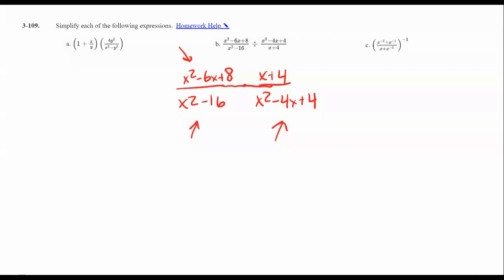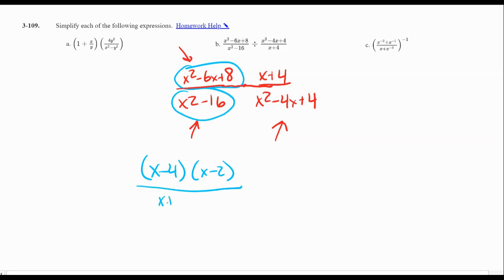This first part here, if you were to use the diamond in the box, you'd get x minus 4 times x minus 2. The bottom here is a difference of squares, so x plus 4, x minus 4. We have x plus 4 here from the top, and then if we were to diamond and box the bottom right there, that would be x minus 2 and x minus 2.